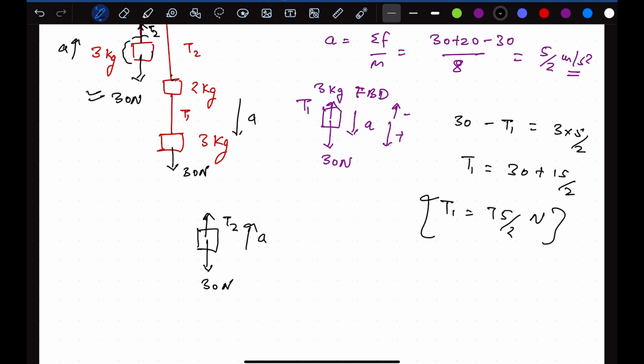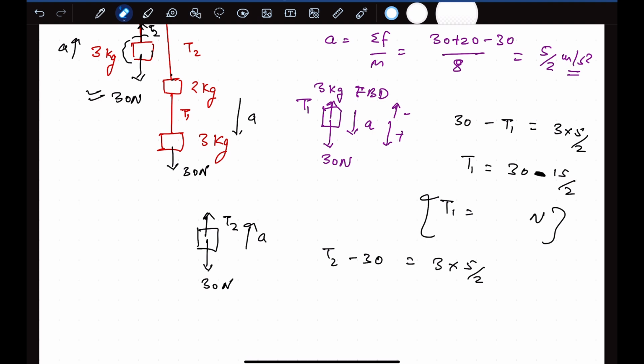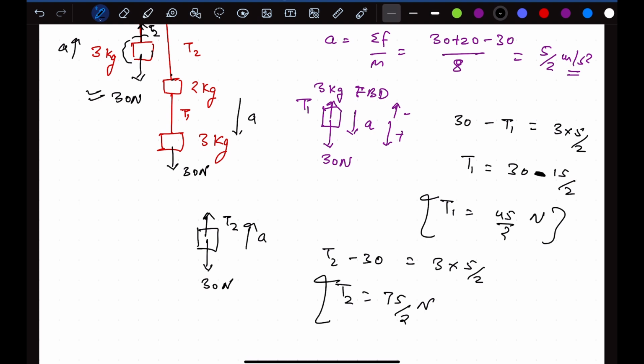So I can say that T2 minus 30 equals 3 multiplied by 5 by 2, here taking upward as positive. For T1 there was a negative sign, so it will be 60 minus 15, so T1 will be 45 divided by 2. T2 will be 75 divided by 2. So we got T1 and T2.